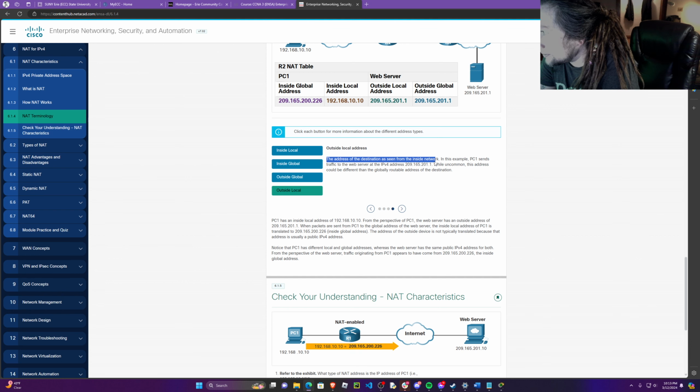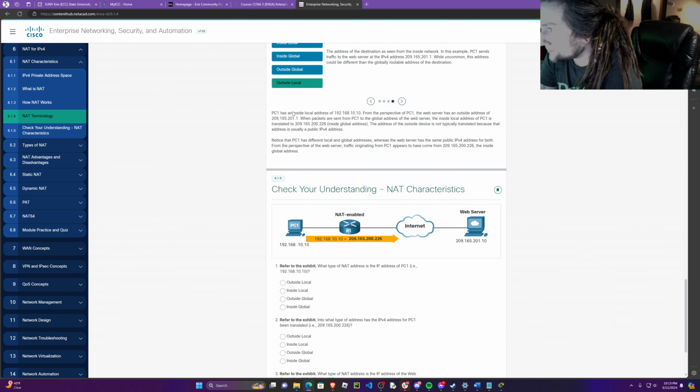In this example, PC1 sends traffic to the web server at the IPv4 address 209.165.201.1. While uncommon, this address could be different than the globally routable address of the destination. PC1 has an inside local address of 192.168.10.10 from the perspective of PC1.